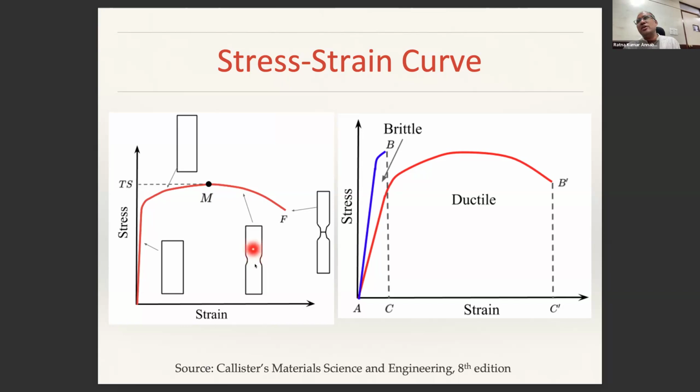Eventually, the cross sectional area becomes so small that it actually causes fracture, and suddenly the material breaks here. A typical ductile material shows this sort of behavior, whereas a brittle material does not show significant plastic deformation. It directly breaks.